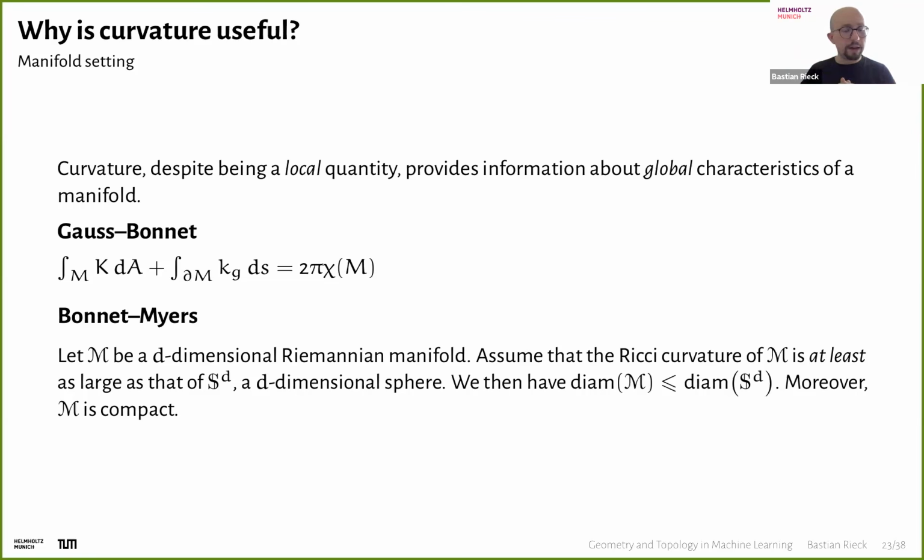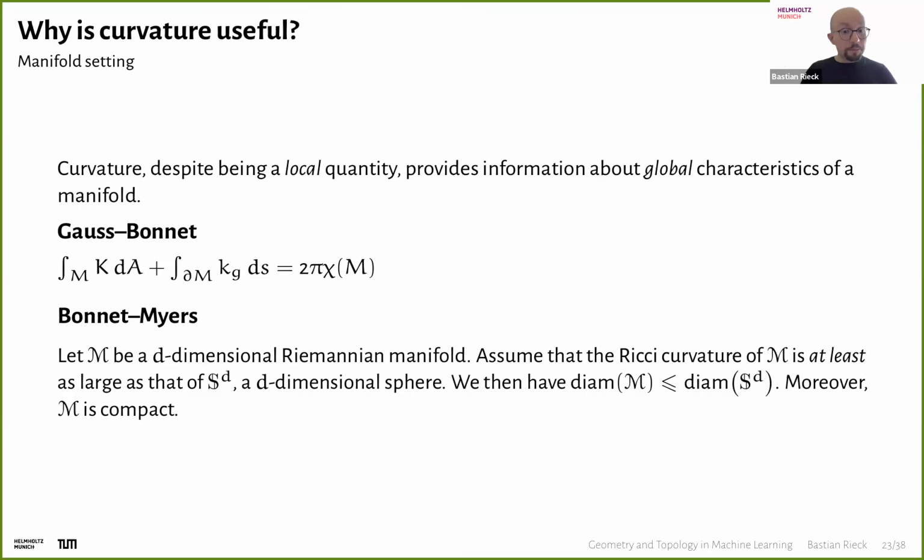So we have the famous Gauss-Bonnet theorem, which basically means that if you integrate curvature over the manifold and over its boundary, you can use it to get the Euler characteristic of the manifold. And at least for me, that was a surprise, because the Euler characteristic is a purely topological property, while curvature is of course not, right? So you can already see these deep links here.